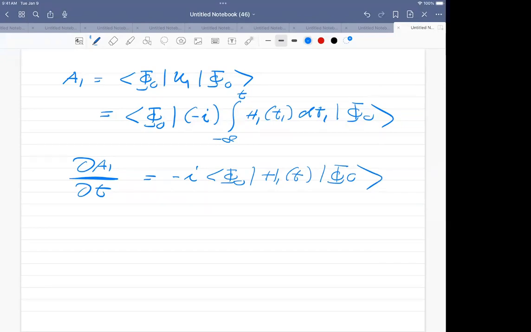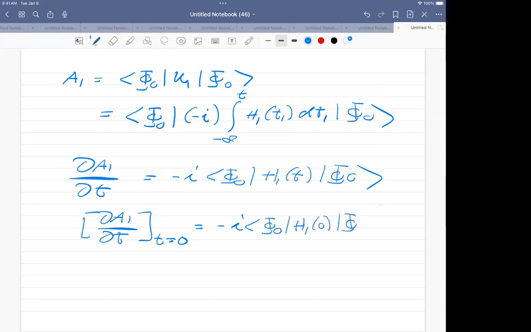And that means that when I take now the expectation value at time t equal to 0, setting up dA1/dt at t equals 0, then what we end up with is minus i, and then I have phi 0, H_I at time 0, phi 0. And this is nothing but minus i, and then I have phi 0, and this is my Hamiltonian at phi 0.